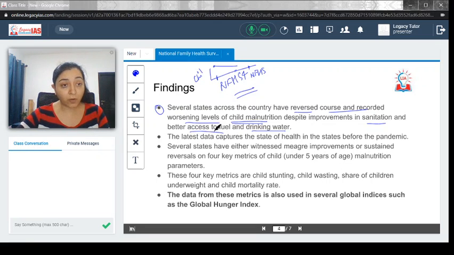So what has been observed, as far as NFHS 4 is concerned, is that almost all these states have actually reversed the trend. The latest data captures the state of health in the states before the pandemic. So this is also an important point, that the effect of COVID-19 is not captured in this particular data.